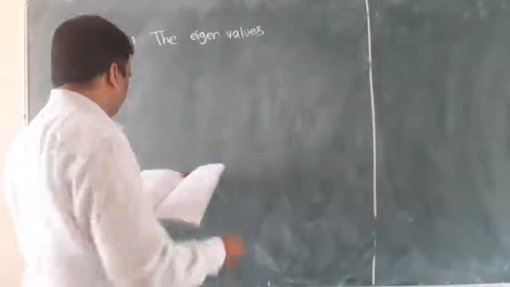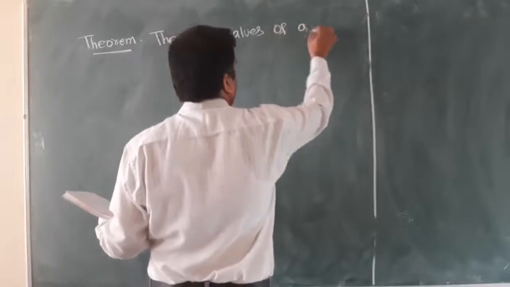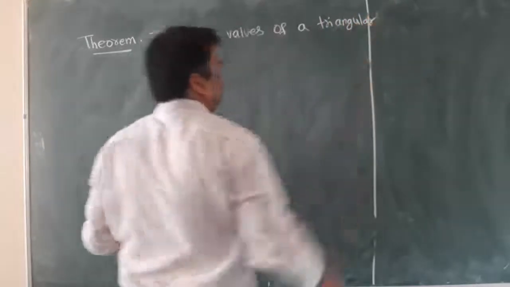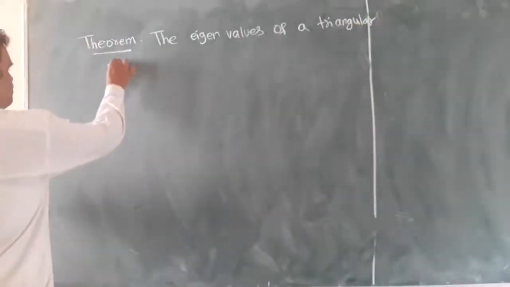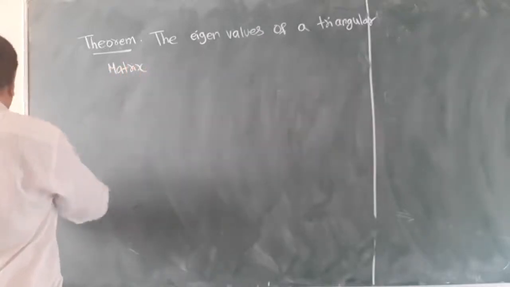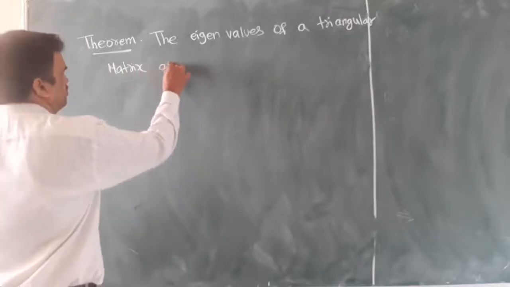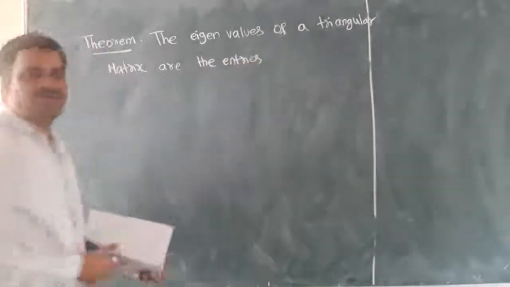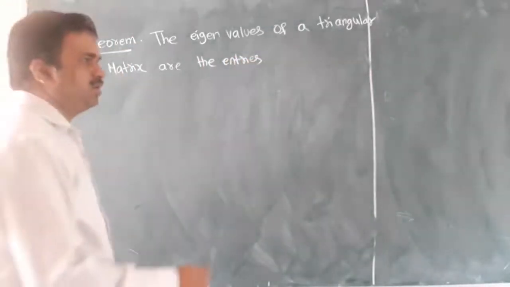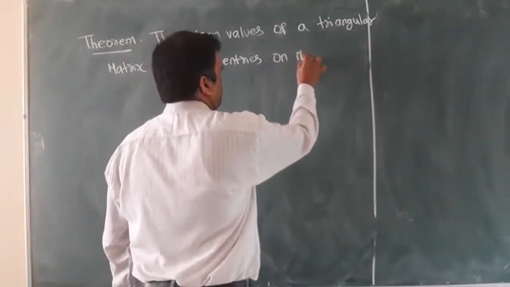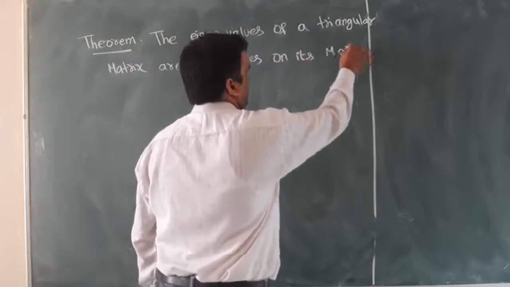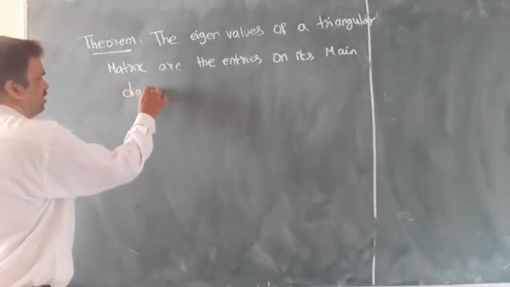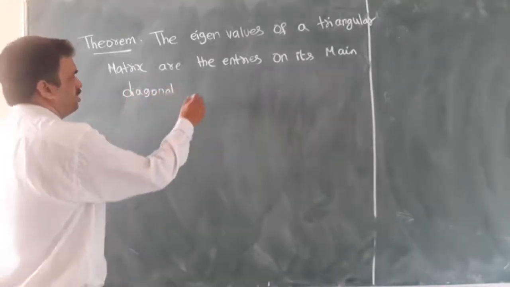The eigenvalues of a triangular matrix are the entries on its main diagonal elements.